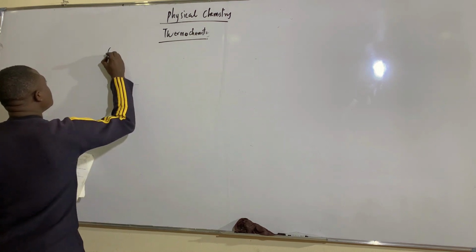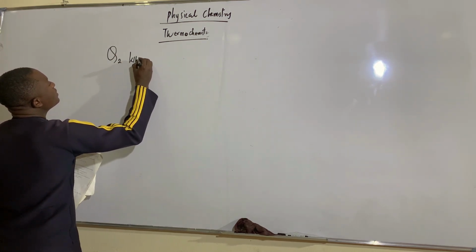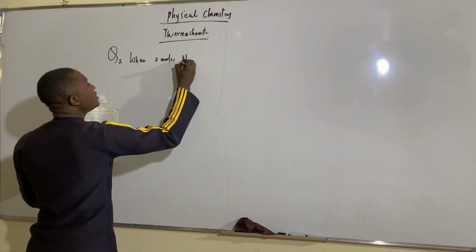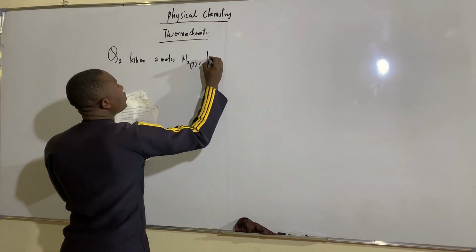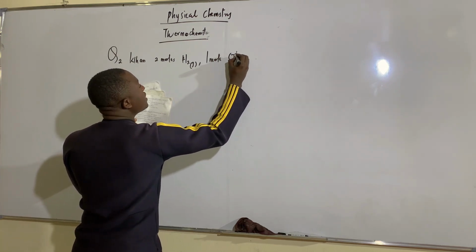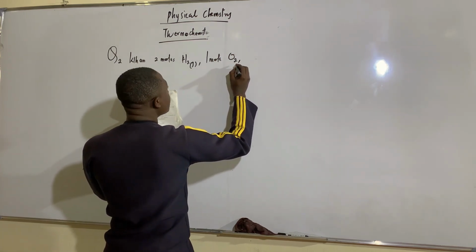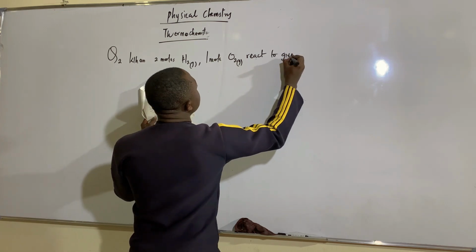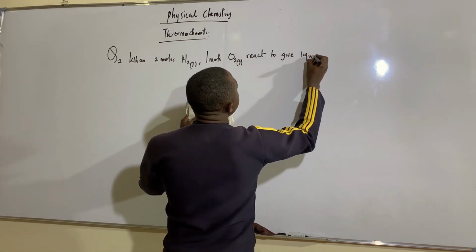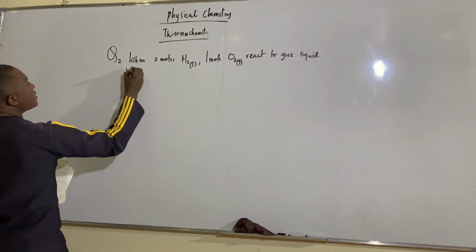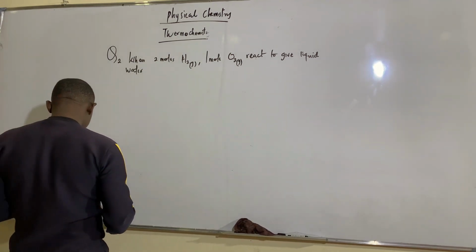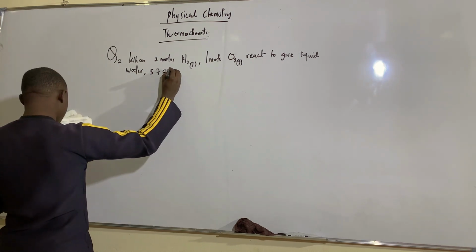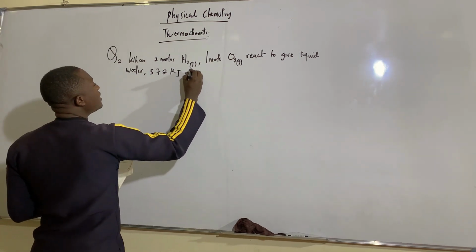They said, question 2. When 2 moles of hydrogen gas, 1 mole of oxygen gas reacts to give liquid water, 572 kilojoule of it evolved.